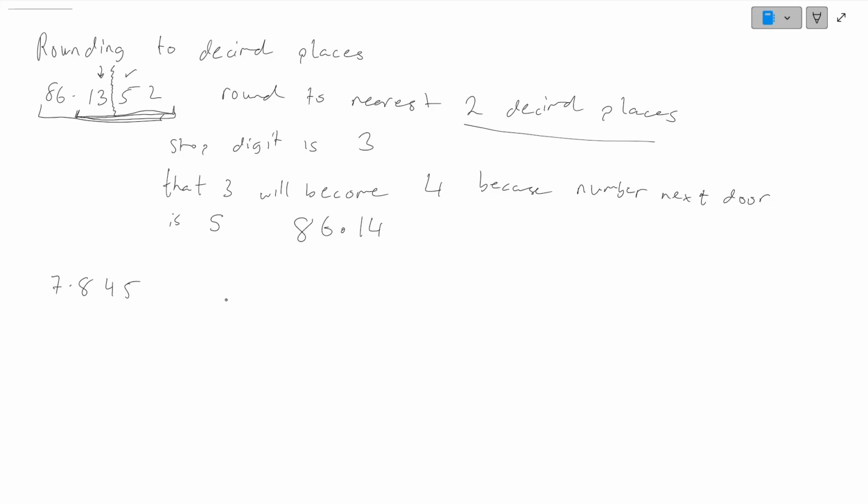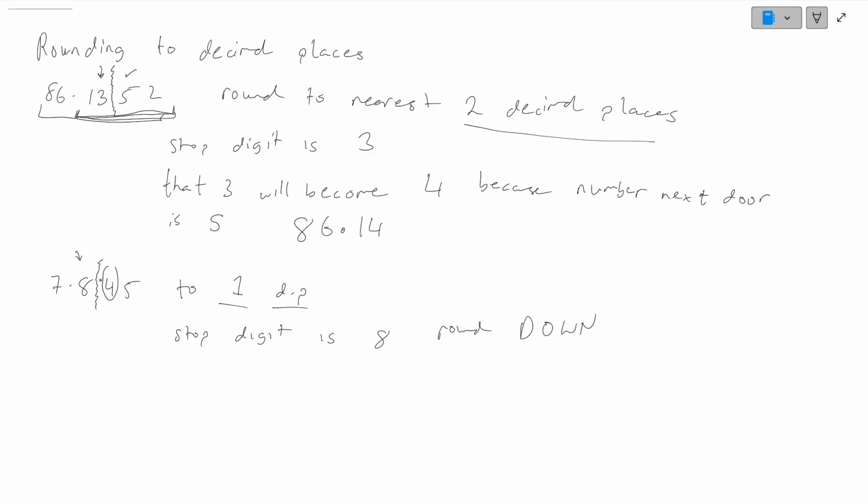Let us take a look at another example, 7.845. You want to round this off to 1 decimal place. For that, we first have to identify our stop digit, which is the first number after the decimal point, which is 8 right here. So my stop digit is 8. Then I look at the number next door. I'll draw my door and take a look at the number after it, which is 4 in this case. Since that number is below 5, we will have to round down our stop digit.